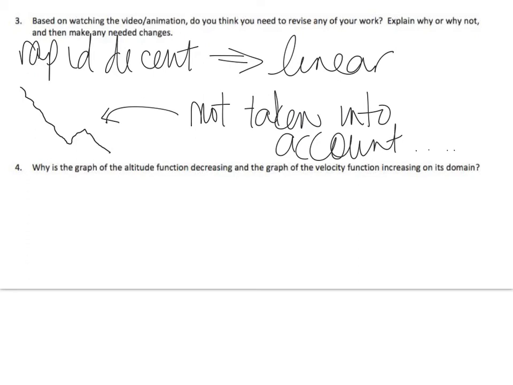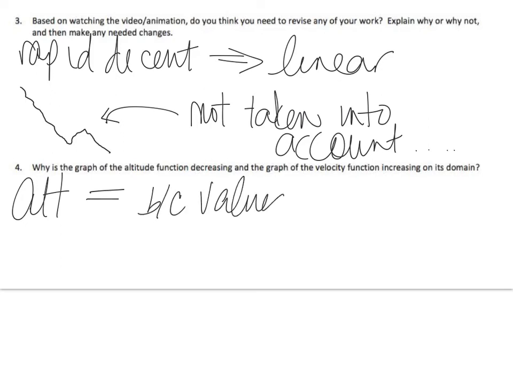Why is the graph of the altitude function decreasing and the graph of the velocity function increasing on its domain? So altitude is decreasing because the values are getting smaller.